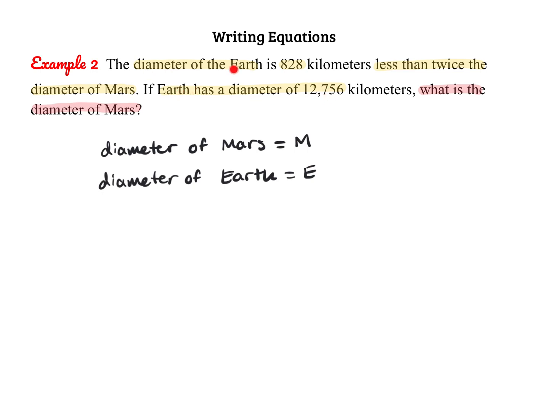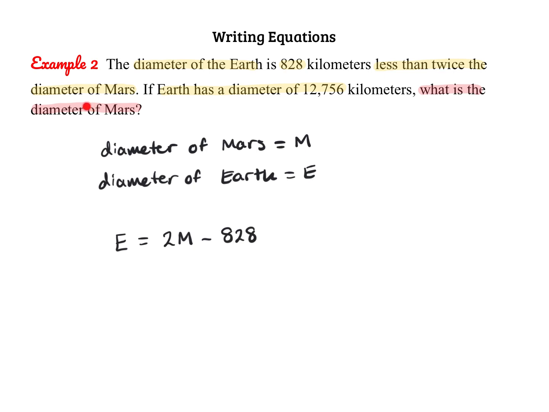So it says the diameter of Earth is, so that would mean that we write E equals, anytime you see is, we write equals, 828 kilometers less than twice the diameter of Mars. So first we need to start with twice the diameter of Mars, so 2m, but the diameter of Earth is 828 kilometers less than this, so then I'm going to subtract away 828.